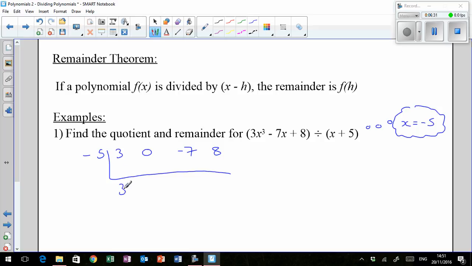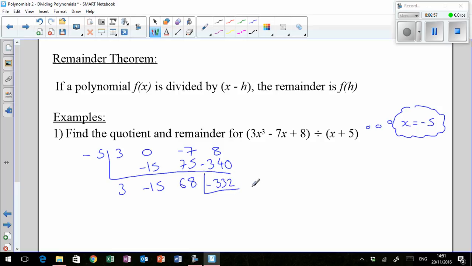So 3 comes down, 3 times negative 5 is negative 15, 0 add negative 15 is negative 15, negative 15 times negative 5 is a positive 75, 75 take away 7 is 68, times by negative 5 is negative 340, and then 8 add negative 340 is negative 332.